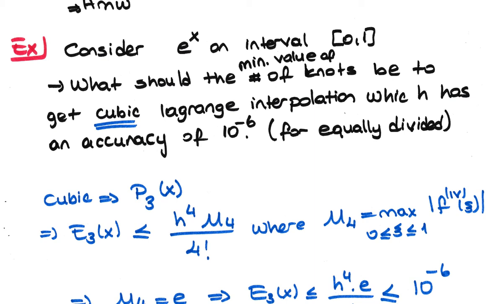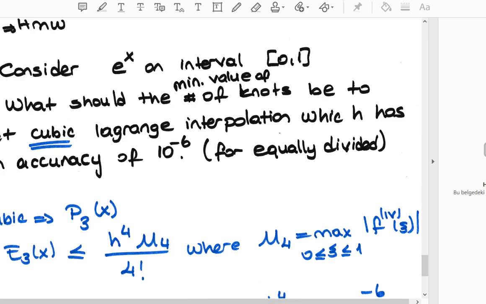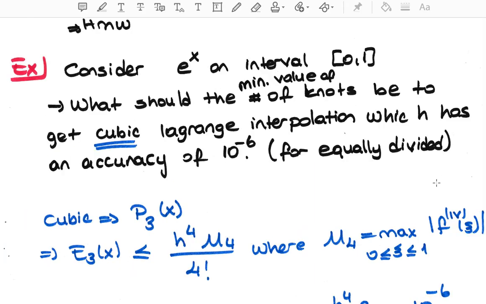Guys, you should know that when we are considering Lagrange interpolation, for n plus 1 points I can create an nth degree polynomial, but at most n degree, okay? My polynomial has degree n, but maybe less than n.